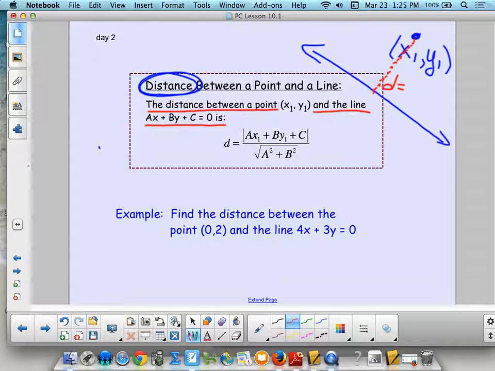Now, notice, please look back at this equation. How did they write it? How is it written? In slope-intercept form? No. Point-slope? No, that's not point-slope form.